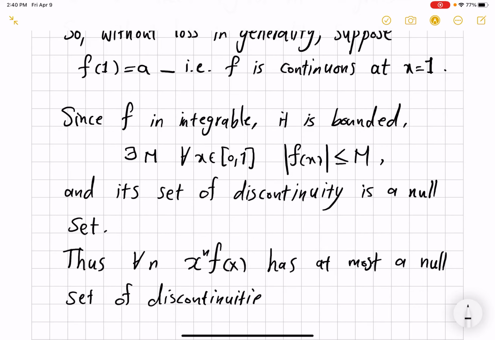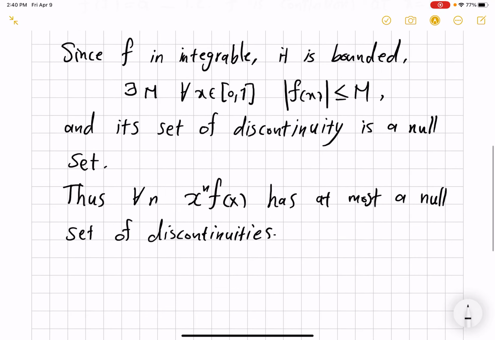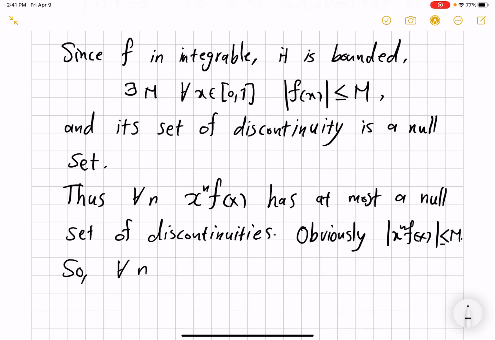It's actually a nice exercise that this can add a discontinuity at x equals 0, but other than at x equals 0, x^n f(x) will be discontinuous if and only if f(x) is discontinuous. And obviously we also have the bound that x^n f(x) is always less than or equal to m. So for every n, x^n f(x) is in fact integrable.